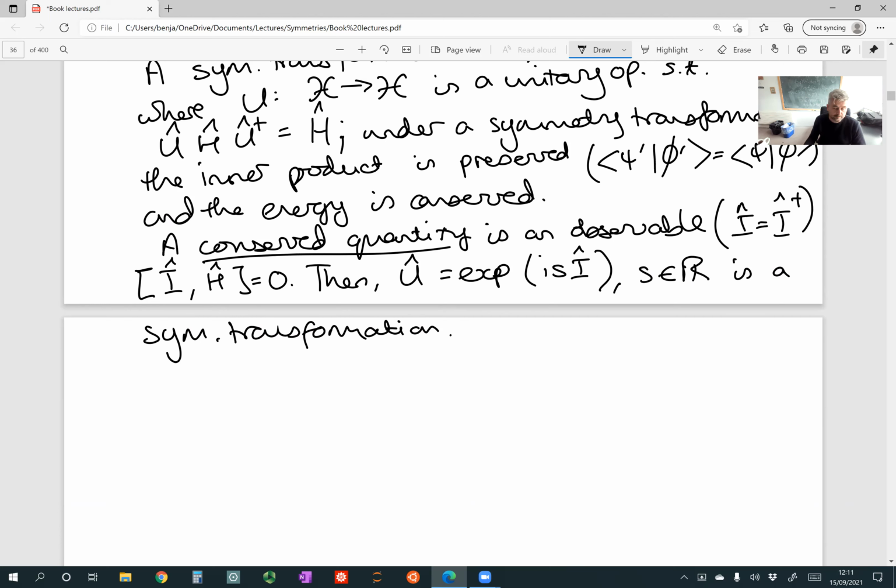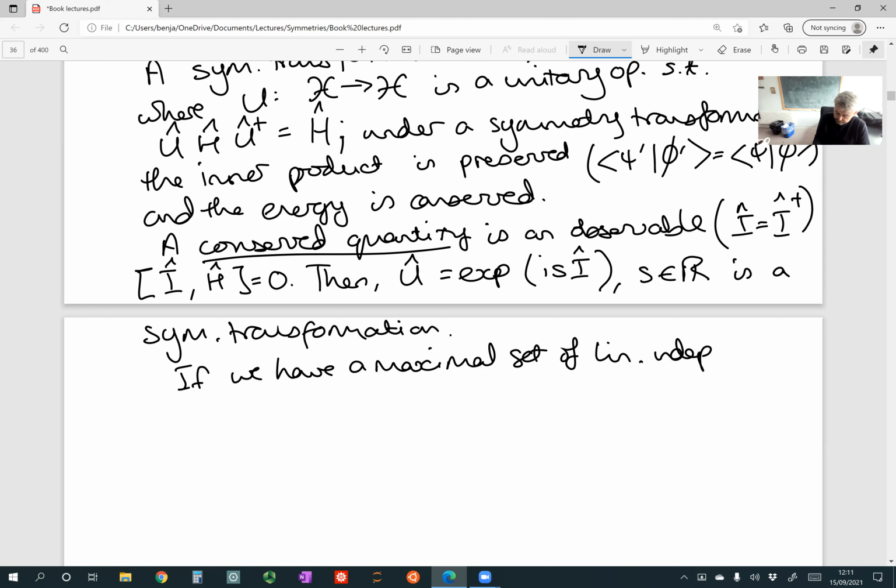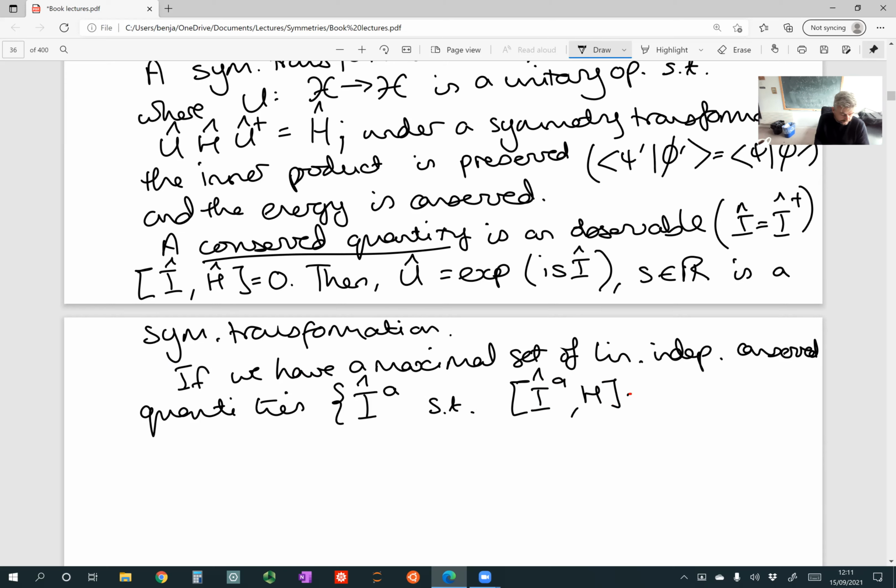So if we have a maximal set of linearly independent conserved quantities, we write this as a set I hat^A, with a superscript A to label the different observables, such that each of them commutes with the Hamiltonian, and A is in 1, 2, up to D, let's say.